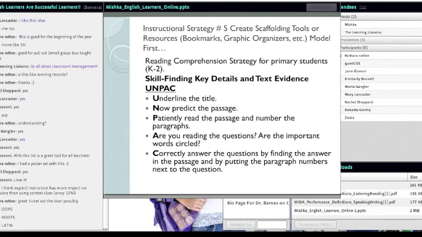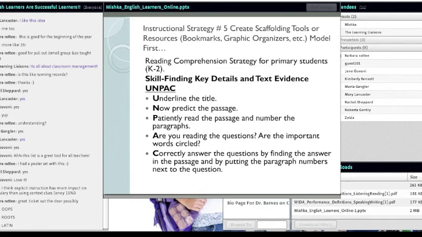So basically how this works is there's usually a document camera, and you would model it under a document camera, and these are tasks that the students have to perform. The students would have a reading comprehension passage, and then they would have questions.